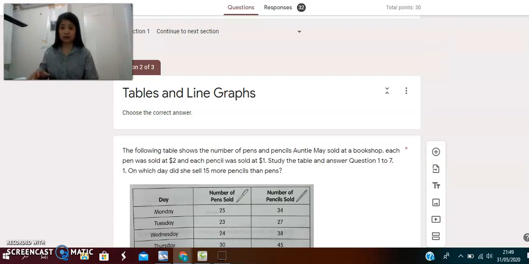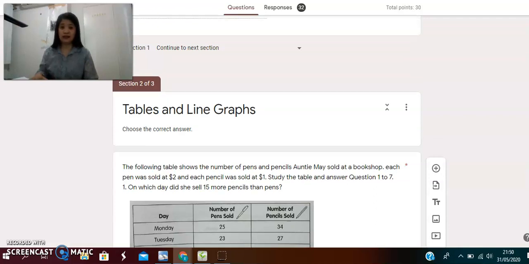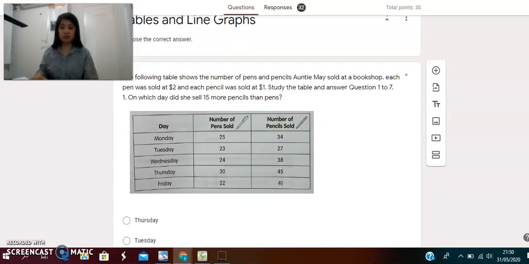So the table shows the number of pens and pencils Auntie May sold at a bookshop. Each pen was sold at $2 and each pencil at $1. So we will use this table to answer questions number 1 to 7. Let us answer number 1. On which day did she sell 15 more pencils than pens?